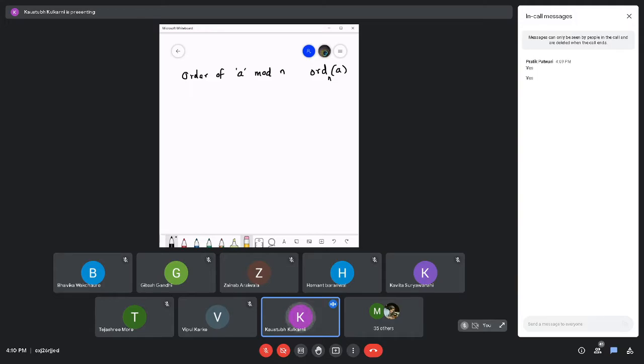So order of a mod n is defined as the smallest positive integer m such that a raised to m is congruent to 1 mod n.